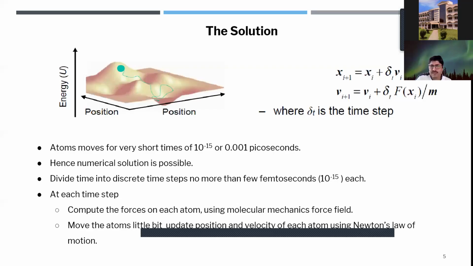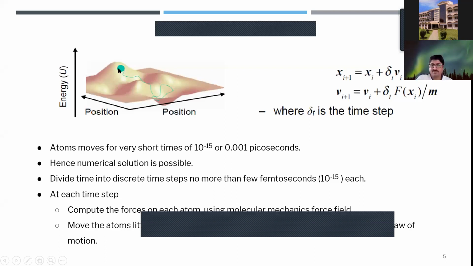By applying some sort of pressure and temperature conditions, we move the atoms a little bit and then update the position and velocities for each atom. It's like a minimization: we gradually apply the forces and then try to minimize the model.